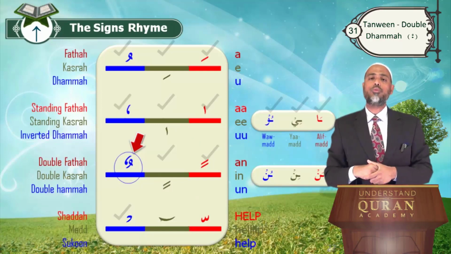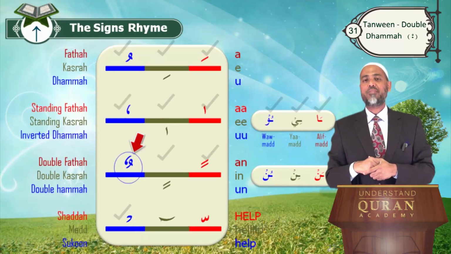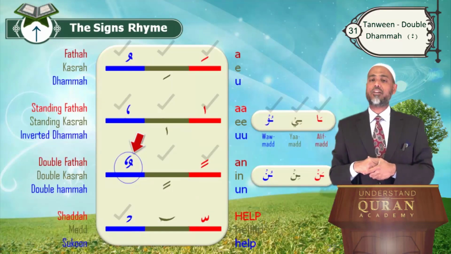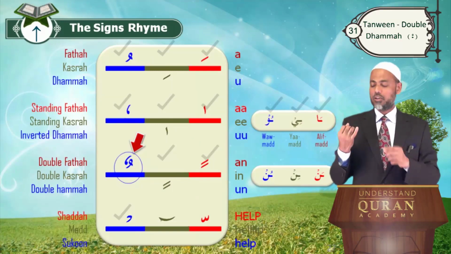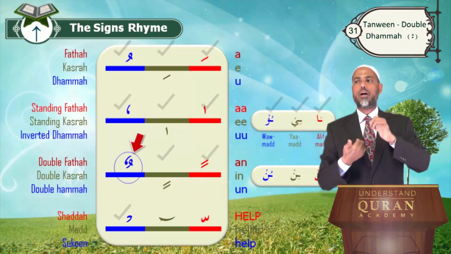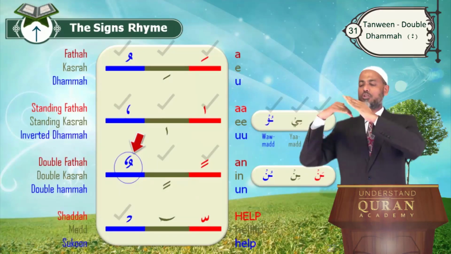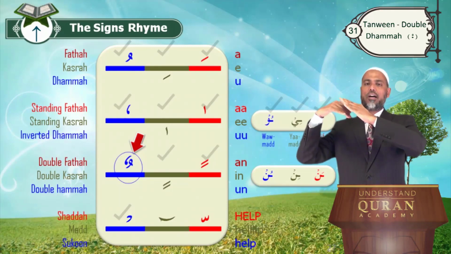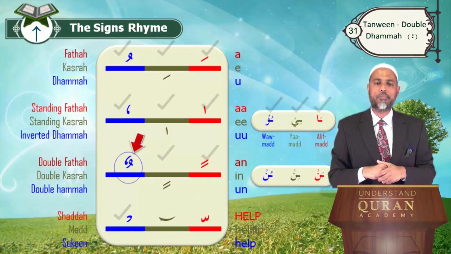We covered sukoon because it was very important. It needed help, the help sign, and we covered that in six lessons because we took all different types of sukoon: sukoon on the qalqala case, hams case, on hamza, and soft waw, soft ya. So all the cases are covered there. And we also took an, double fatha, in, double kasra, and un, which is what we are taking now, double dhamma.